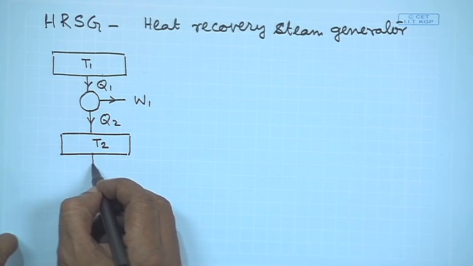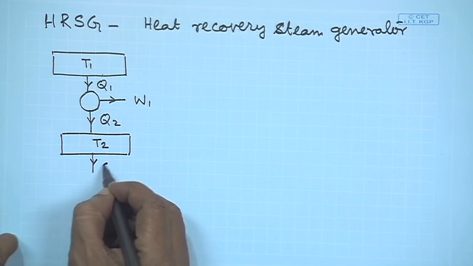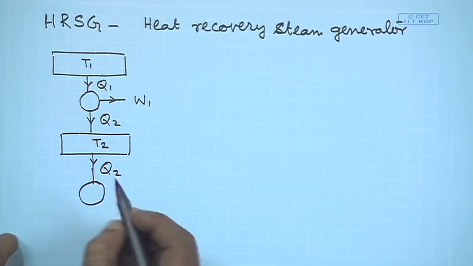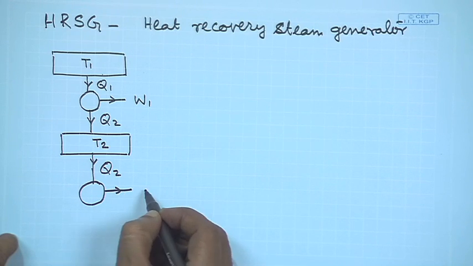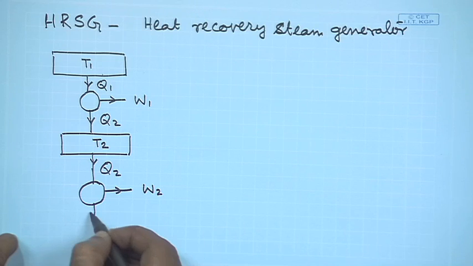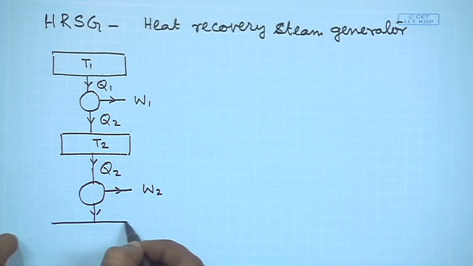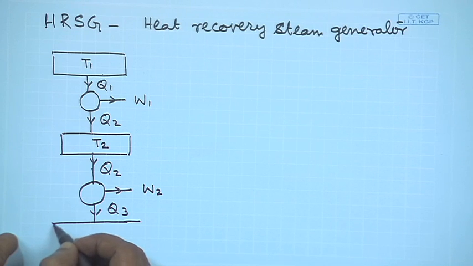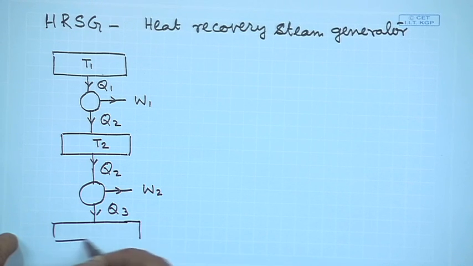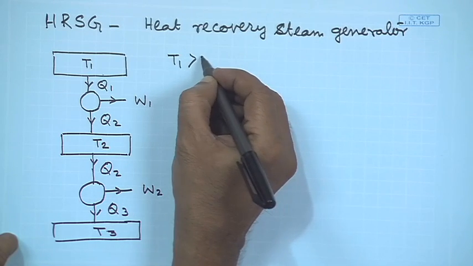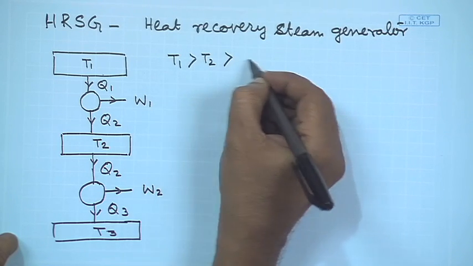From the same thermal reservoir, Q2 amount of heat is taken by another heat engine and it is doing W2 amount of work, and then ultimately it is rejecting Q3 amount of heat to another reservoir which is at T3. So, one can write T1 is greater than T2, which is greater than T3.